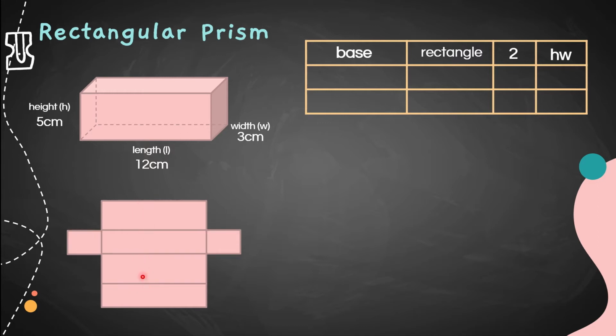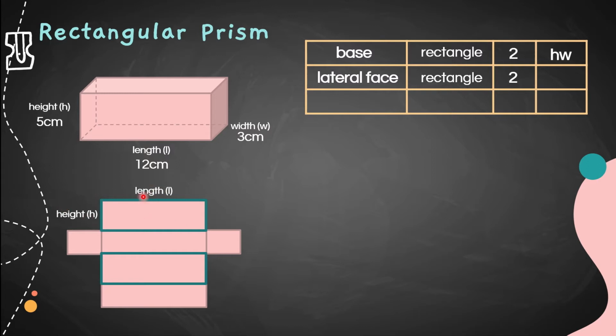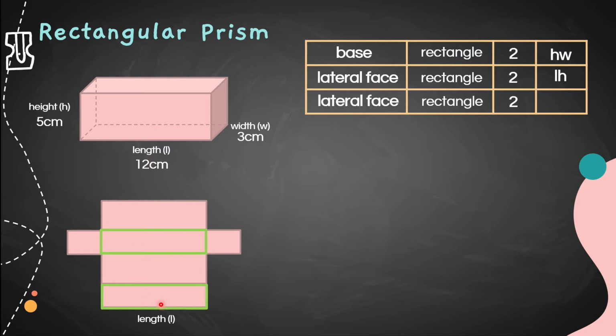Since the shape of the 2 opposite faces are rectangles, we are going to multiply the measurement of the length and the measurement of the height. So we have length times height, so L times H. Determine another 2 opposite faces which are equal. To find its area, we are going to multiply its length times the width.